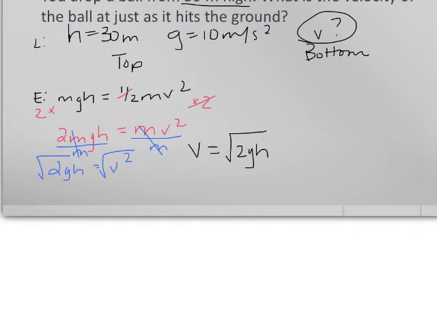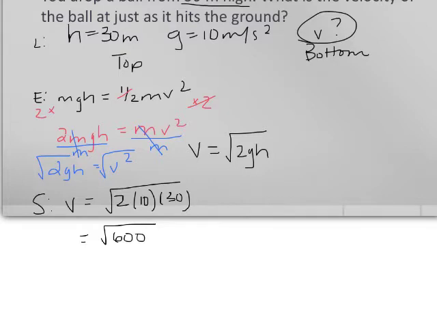So let's finish this. If we go to solve, we'll have v is equal to the square root of 2 times 10 times 30, which is the square root of 600, or 24.49 meters per second.